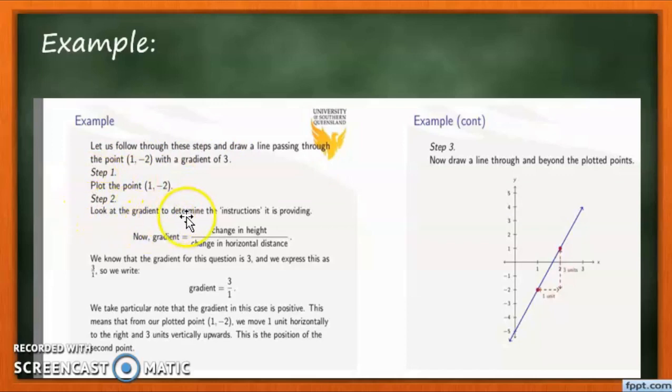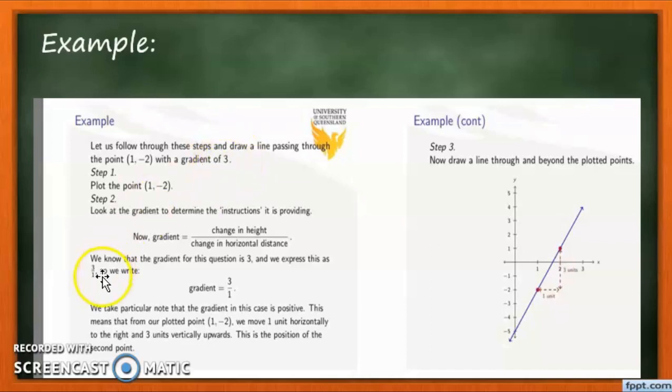Step 2, look at the gradient to determine the instructions it is providing. Gradient, as you remember, is rise over run, or change in height over change in horizontal distance. We know that the gradient for this question is 3, and we express this as 3 over 1. Any gradient that is given as a whole number, you automatically change to a fraction by putting 1 underneath it.